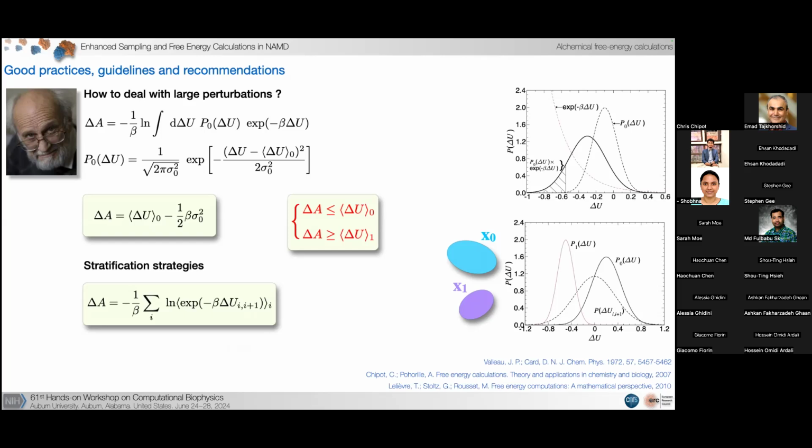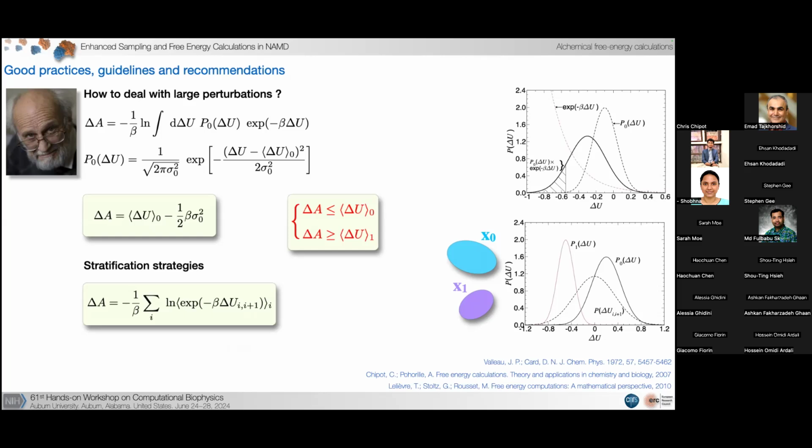And so my total free energy will be a sum of individual free energies. So instead of going directly from 0 to 1, I'm going 0 to, let's say, increments of 0.1, so 0 to 0.1, 0.1 to 0.2, 0.2 to 0.3, and so on and so forth. And I'm just adding the free energies for this incremental transformation.